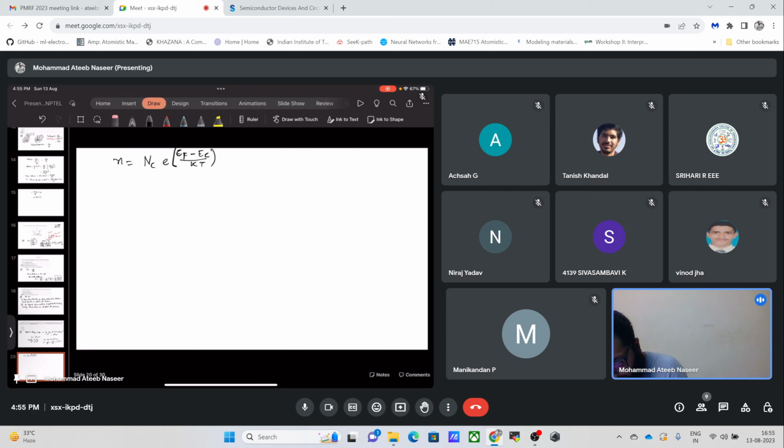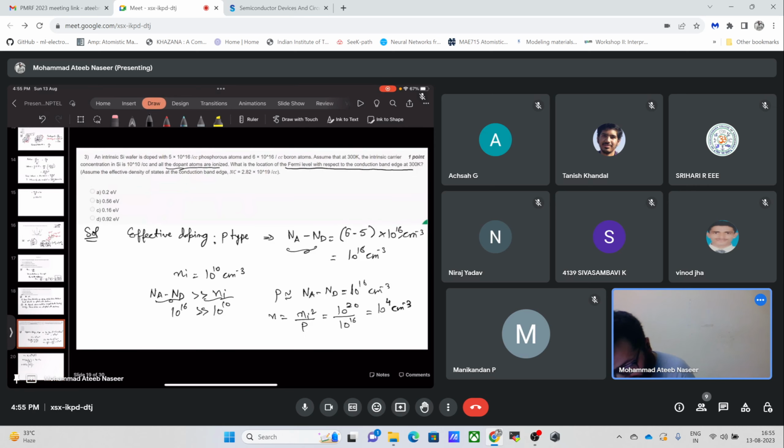I have to take ln on both sides. It would mean ln of N by NC multiplied by KT is EF minus EC. So it is simply 26 milli electron volt, which is 0.026, times ln of N, which came out to be 10 to the power of 4.